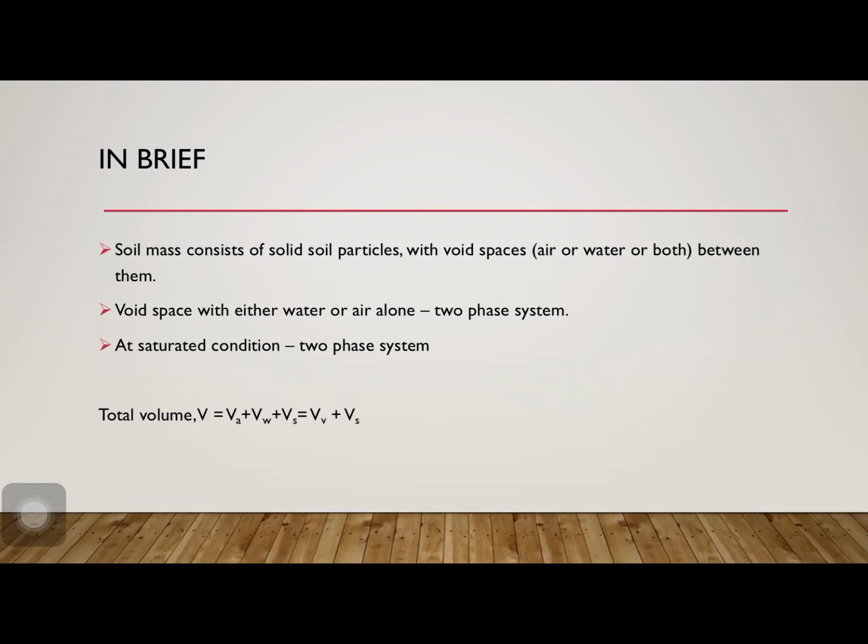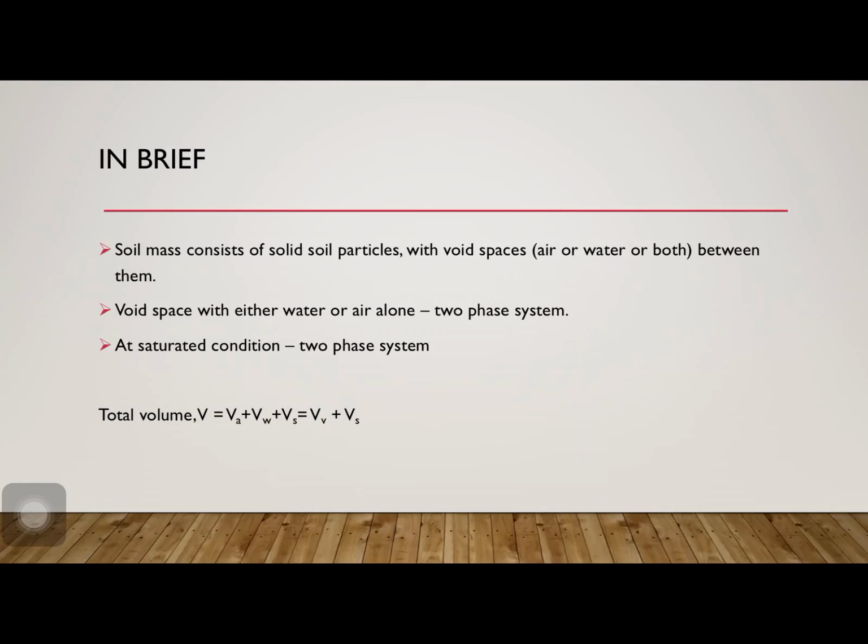So let's consider a soil mass. It consists of solid soil particles with void spaces. These void spaces will contain air or water or a combination of both. If the void spaces contain either water or air alone, it is known as a two-phase system.